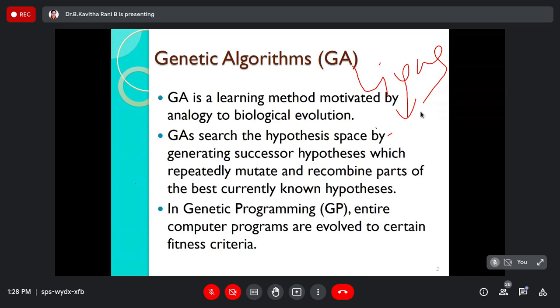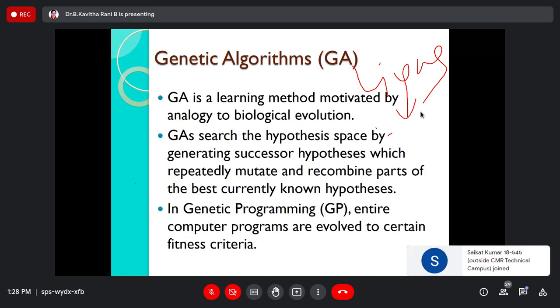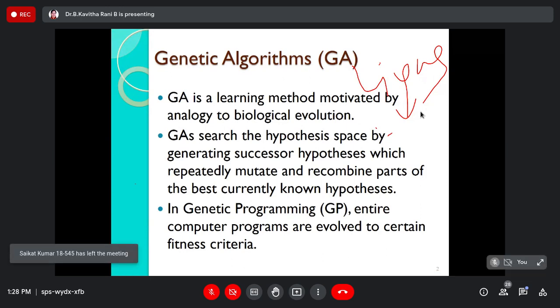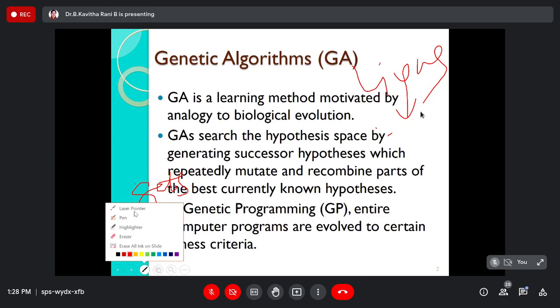And in genetic programming, entire computer programs are evolved to certain fitness criteria. If you see here, a set of inputs will be given as input.